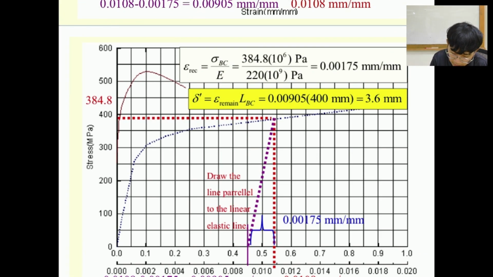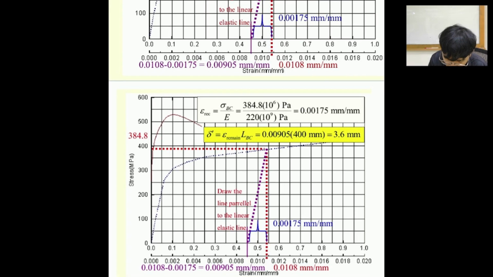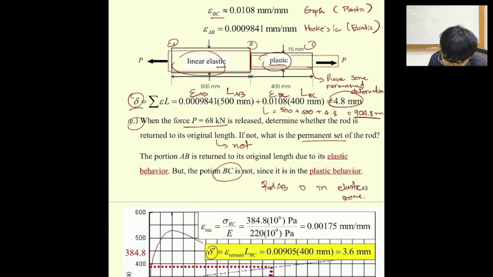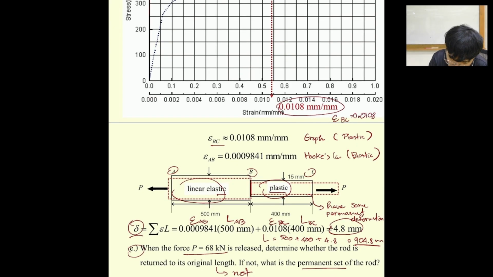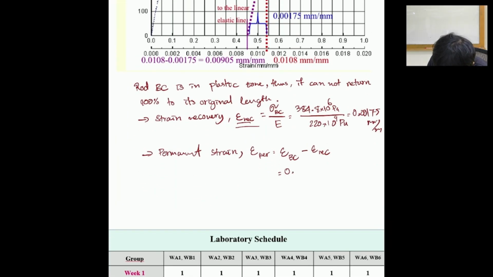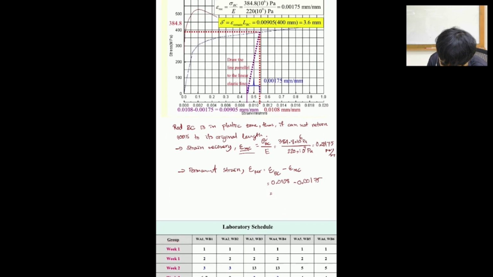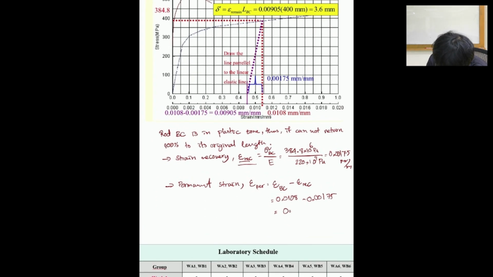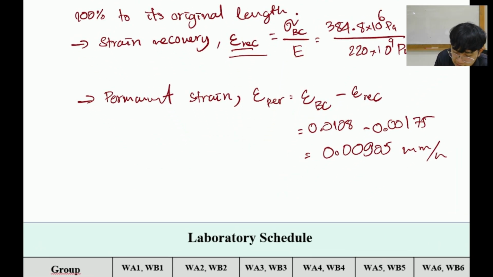So it's going to be equal to 0.0108 minus 0.00175. So it's going to be 0.0905 millimeters per millimeter.